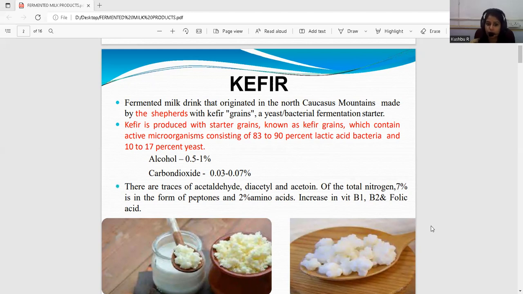This fermented milk called kefir was obtained from the North Caucasus mountain, which was the beverage of the shepherds. They used to produce this kefir in bulk and consume it as part of their balanced diet. This kefir is obtained from grains, kefir grains.